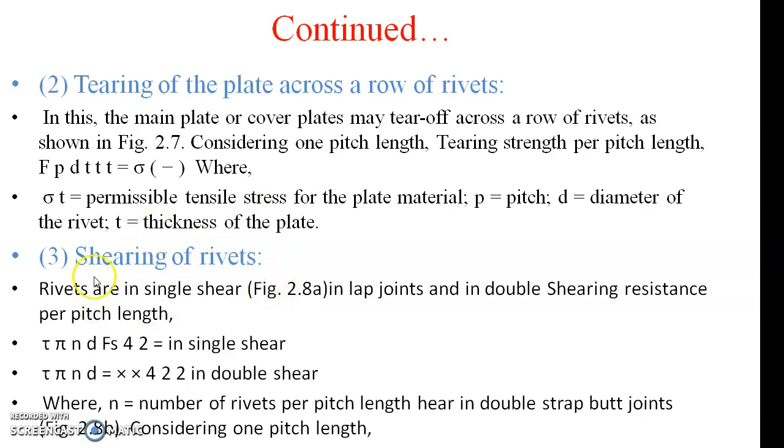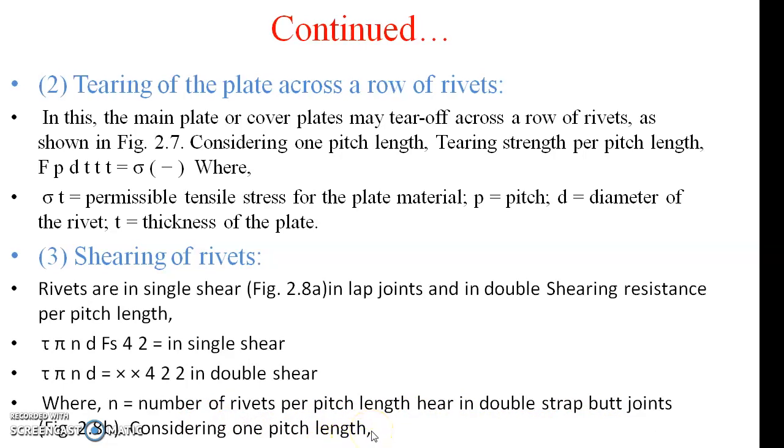So next, shearing of the rivet. What is shearing of the rivet? Rivets are in single shear, that is figure 2.8. We are going to see that in lap joints. The shearing resistance per pitch length is equal to tau into pi by 4 into d square into n in single shear, and tau into pi by 4 into d square, times the number of shear planes, in double shear, where n is the number of rivets per pitch length, here in a double strap butt joint considering one pitch length.